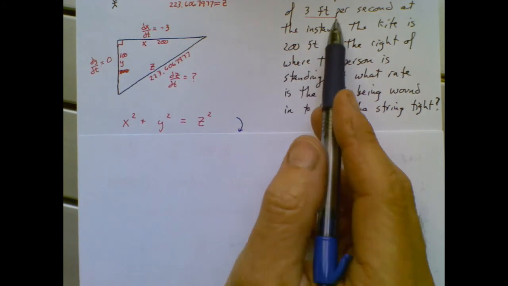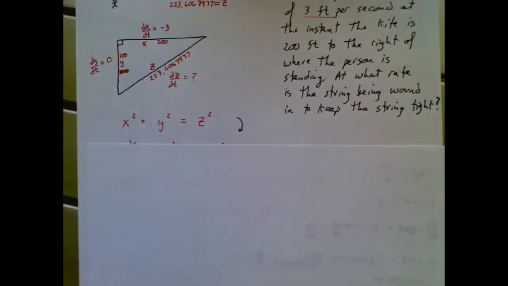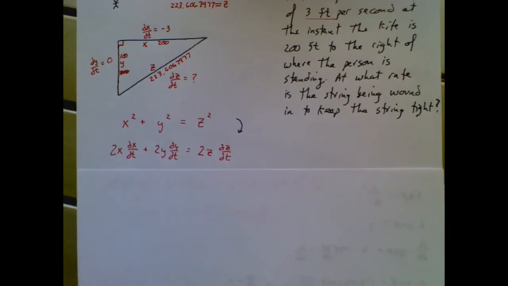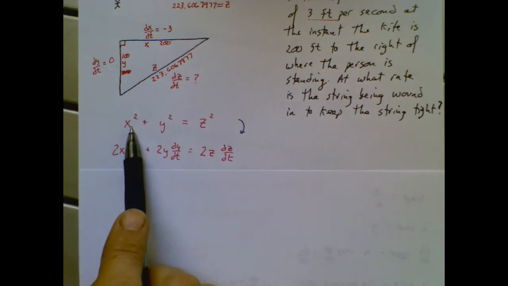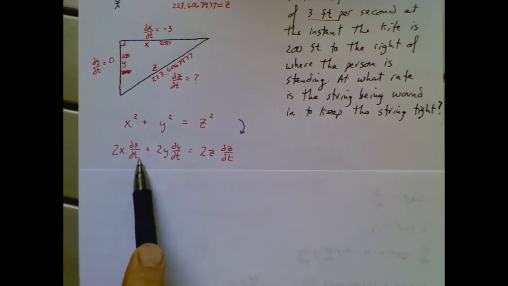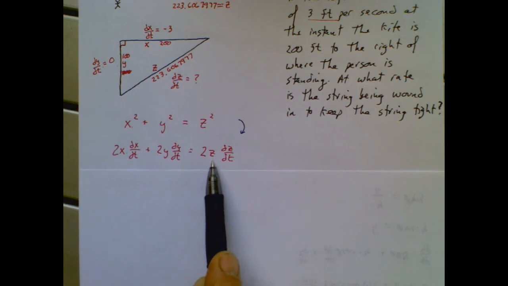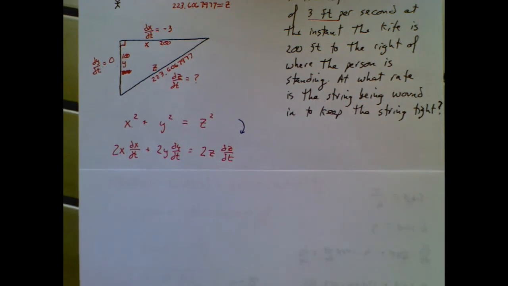You kind of should take that hint because they talk about feet per second and things like that. And so when I do that derivative with respect to time, be very careful here. The derivative of an x squared is a 2x. I just took the derivative of an x term with respect to time. Same thing there with respect to time. Same thing there with respect to time.